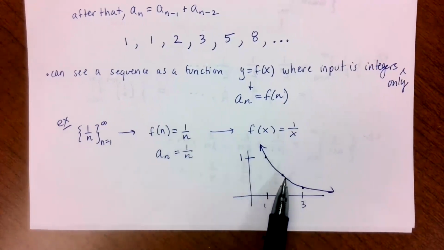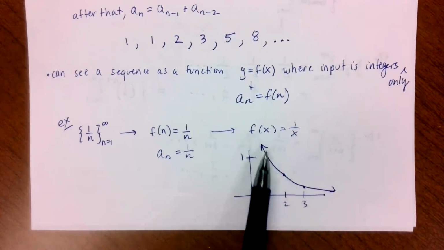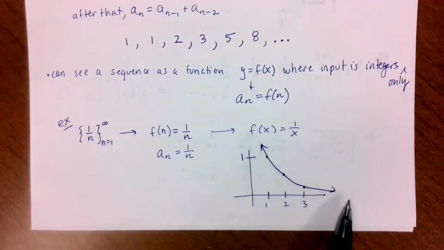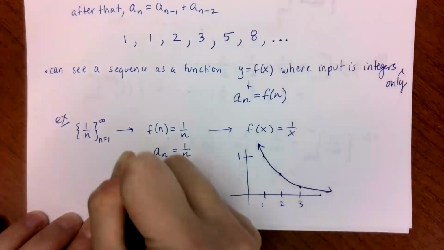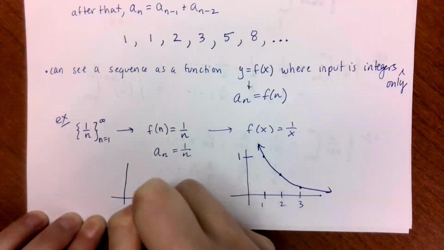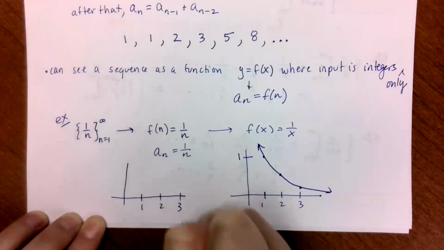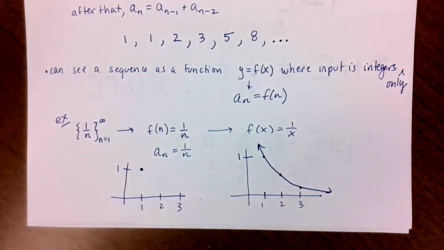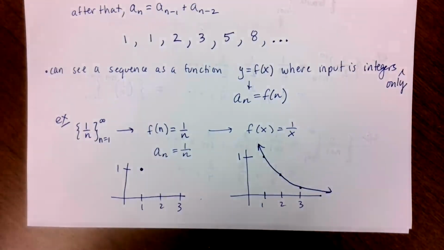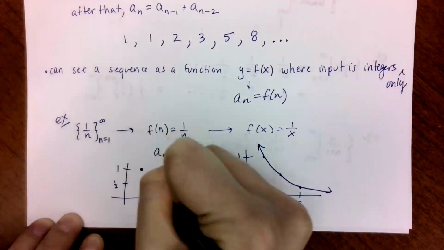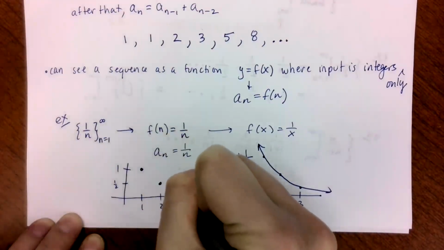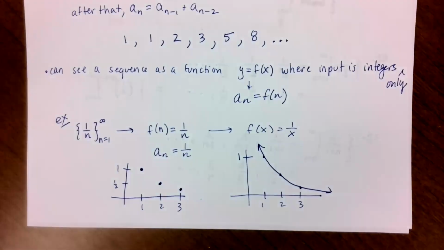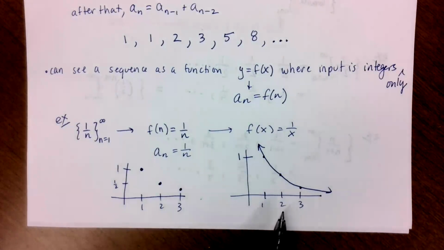It's just only the dots at the integers, and there is no connecting curve between the dots. So you would have just disconnected dots at the integers, 1, 2, 3, etc. So at 1, this outputs a 1. If you plug in 2 for n, you get a half. And then 3 for n, you get a third, and so on. So you just sort of end up with a graph full of dots instead of a smooth curve.